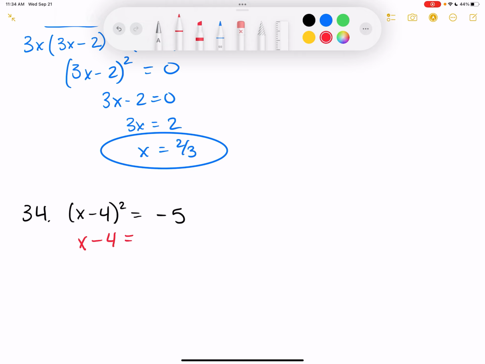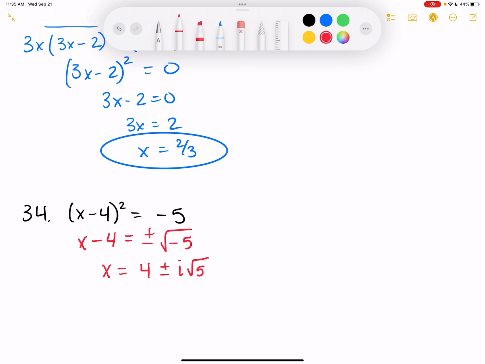So it's going to be plus or minus the square root of negative 5. Now what? I got an i. Take out an i and what else? Like what else needs to be done to get x by itself? Add it to the left. So x is going to be equal to 4 plus or minus i square root of 5.